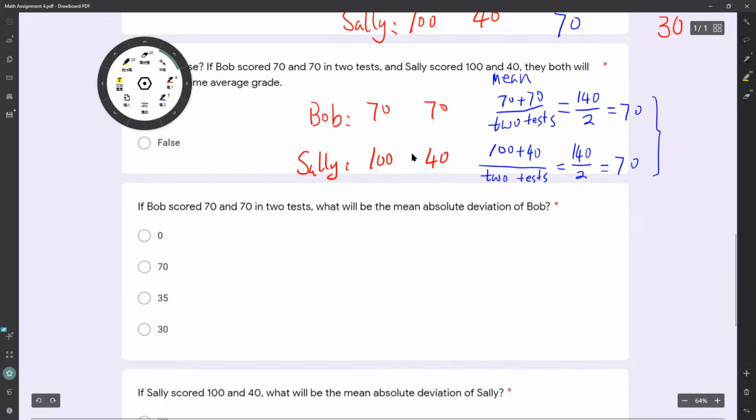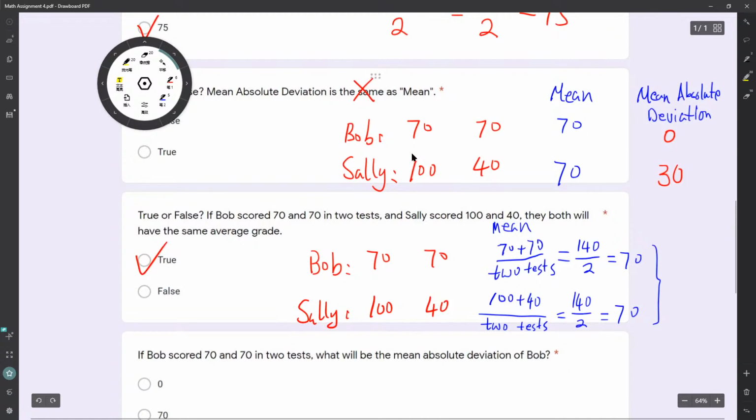If Bob scores 70 and 70, what will be the mean absolute deviation of Bob? So like what we did for Bob, after we have the mean, we compare the mean with Bob's grades, and we can see there's no difference. The difference is 0.